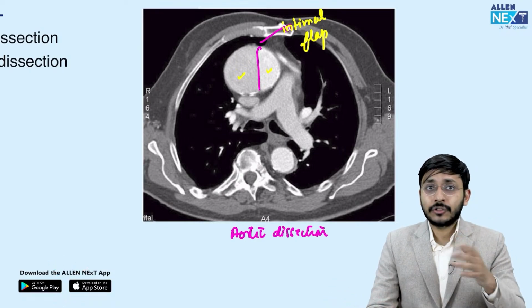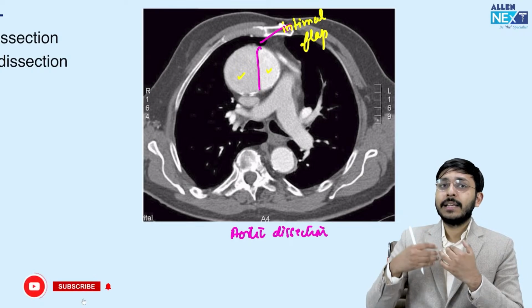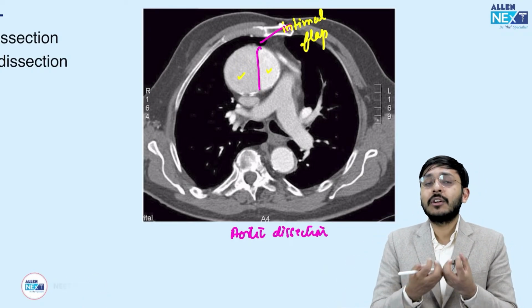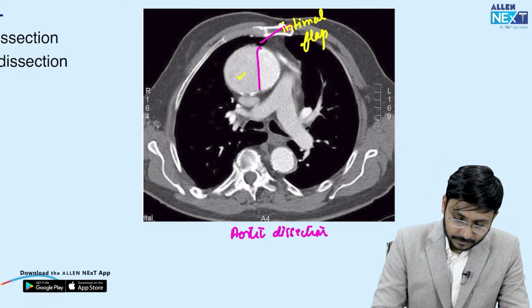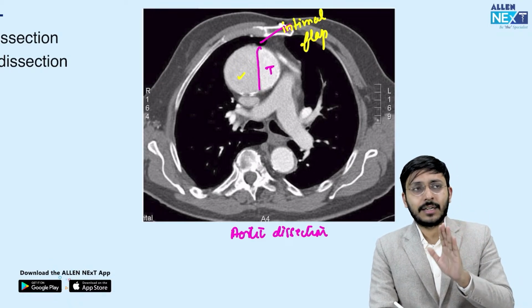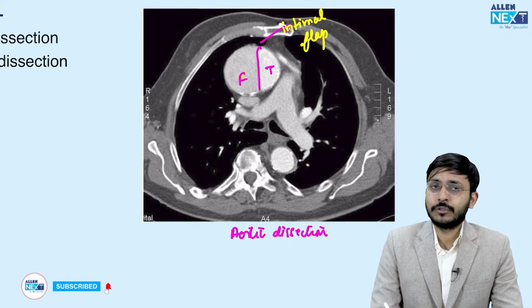Hence, it is catastrophic. So remember, true lumen will always have a higher contrast, very bright contrast, because the contrast is in the true lumen. So this will be your true lumen. The area of the aorta which has less contrast, less bright appearing contrast, this will be your false lumen.